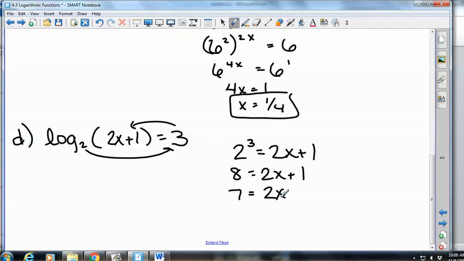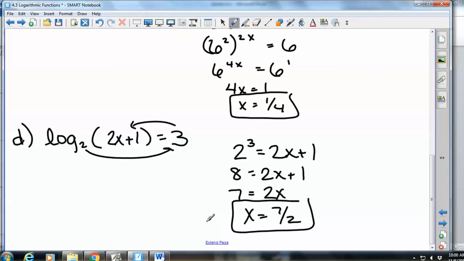So then you subtract your 1, divide by 2, and you get 7/2. Do a quick check. We know that our argument has to be positive, so if we put a 7/2 in, we're going to get a positive number. But it is possible that you might get an x value that when you put it in gives you a negative argument. And remember, we cannot have that.